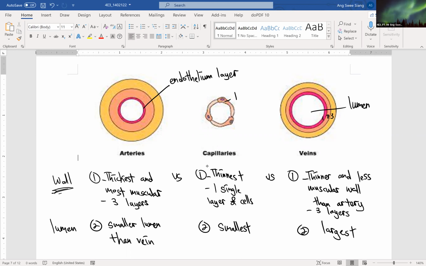Then the second one is the connective tissue layer. No, the second one is the smooth muscle, sorry. Let me refer to it, I forgot a bit.